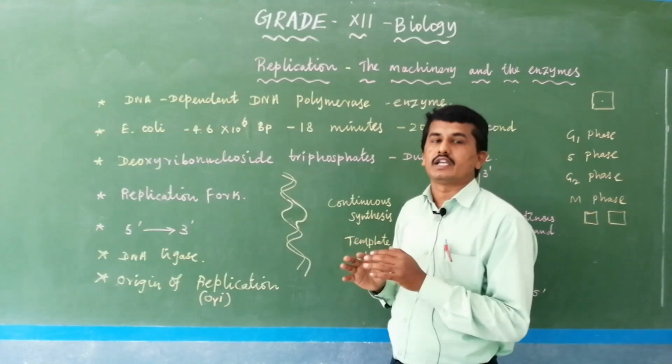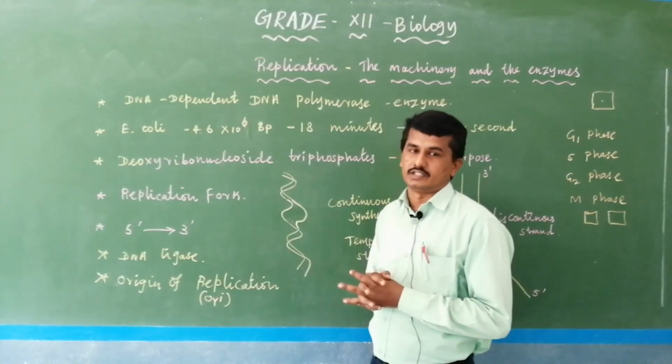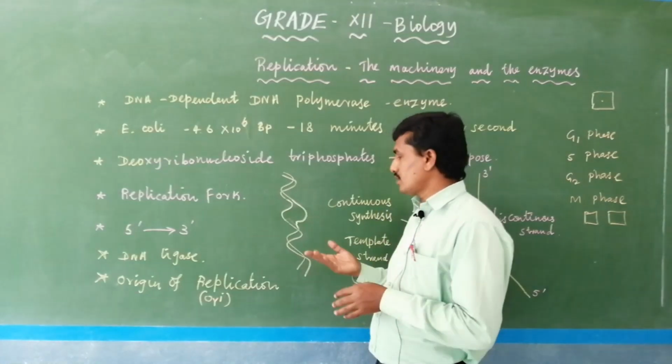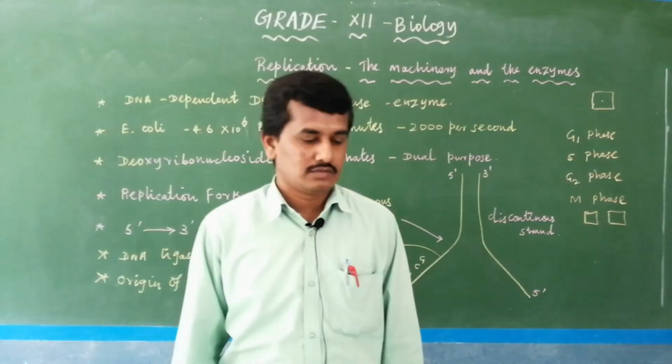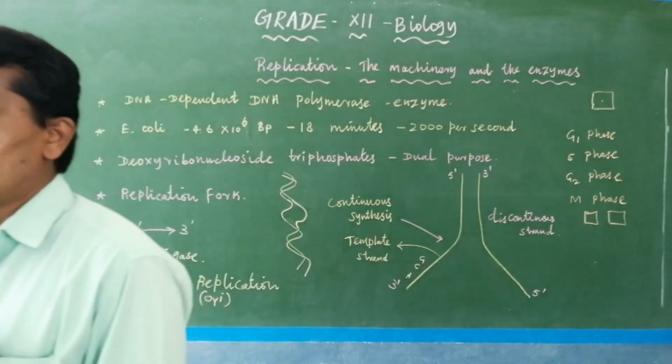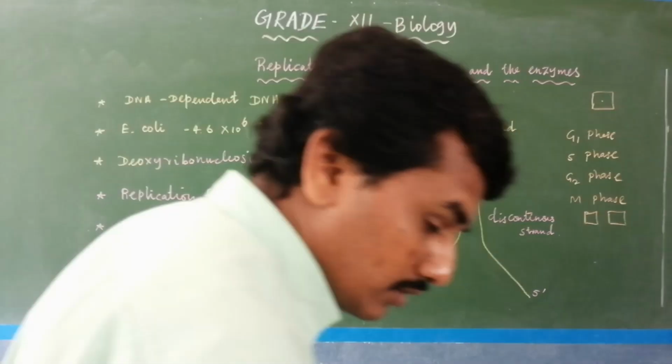The point where replication starts is the origin of replication. Then normally DNA is formed from 5' to 3', only 5' to 3'. For any DNA, or even RNA, it is formed from 5' to 3'.